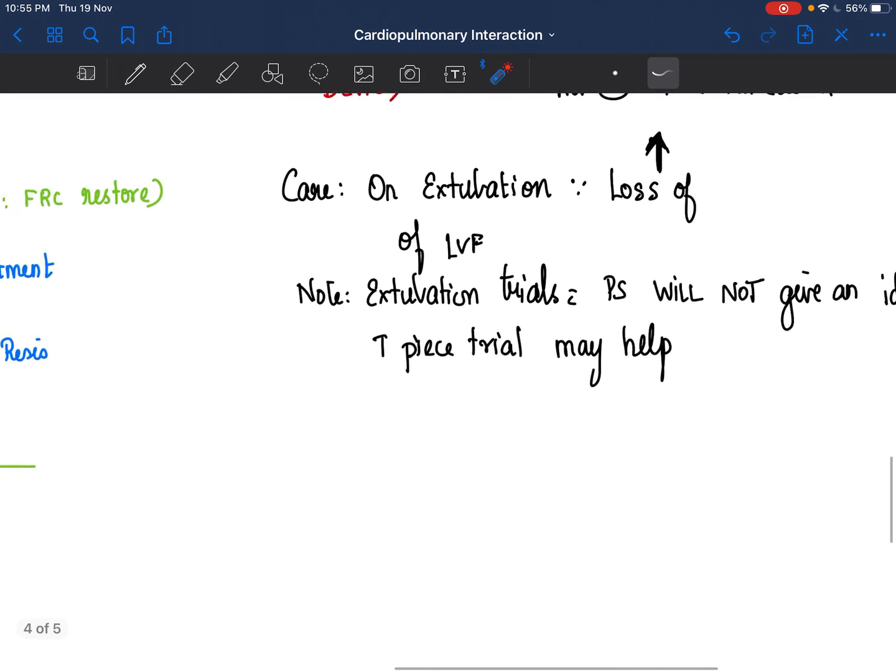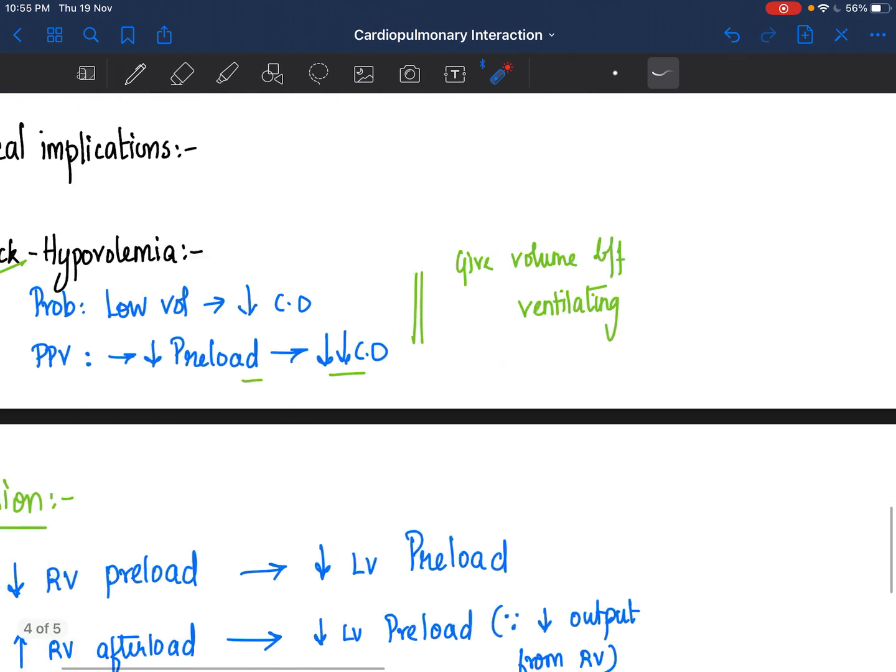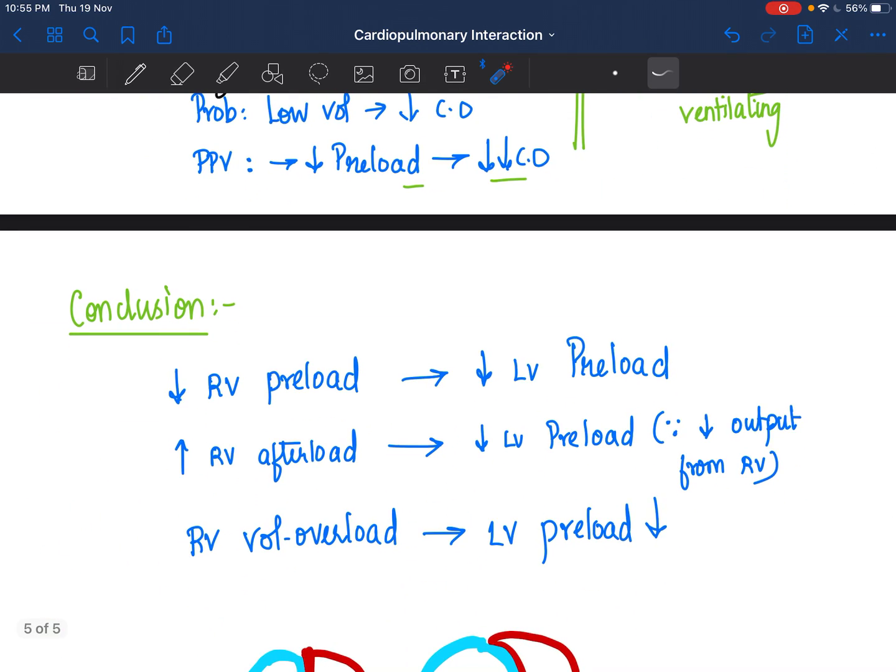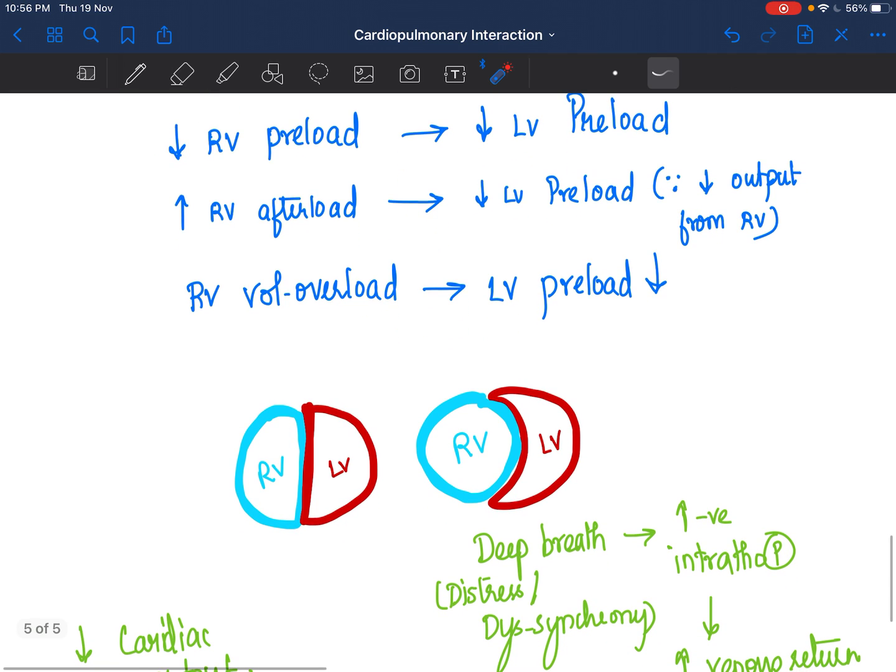So, yes, we discussed these conditions. In conclusion, right ventricular preload reduction results in a left ventricular preload reduction. A right ventricular afterload increase can result in left ventricular preload decrease, resulting in decreased output. Right ventricular volume overload can result in left ventricular preload reduction.